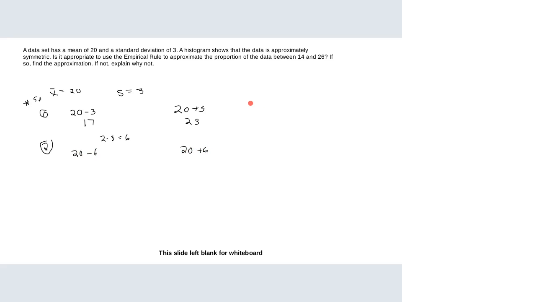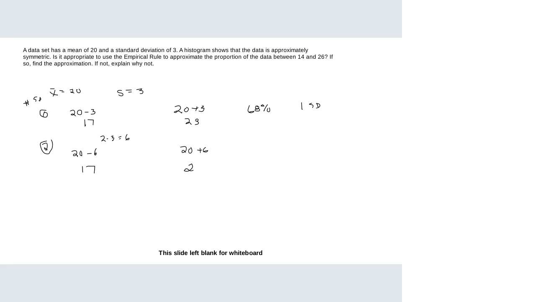All right, and so this was right here. Remember, this is one standard deviation, so this is 68%. One standard deviation.